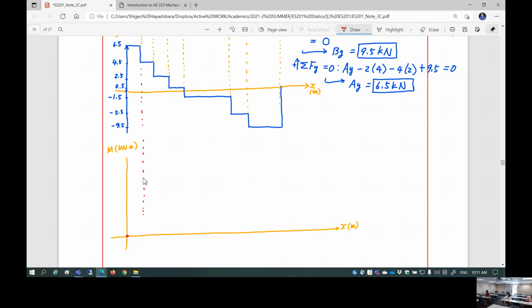So you are going to probably have a linear line drawn straight. So you're going to draw a linear line, fairly steep slope, up to here. Slope is 6.5 for the length of 1.25 meters. So this is 1.25 meter length, 6.5 kilonewton. What is the value right here?